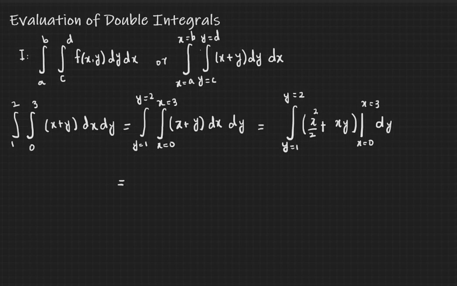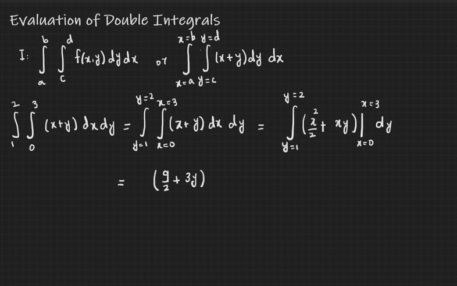Now applying the limits of integration, that should be 9 over 2, because that is 3 square divided by 2, plus 3 times y, that should be 3y, minus 0 square divided by 2, that should be 0, minus 0 times y, that should be 0, so no need to write 0.